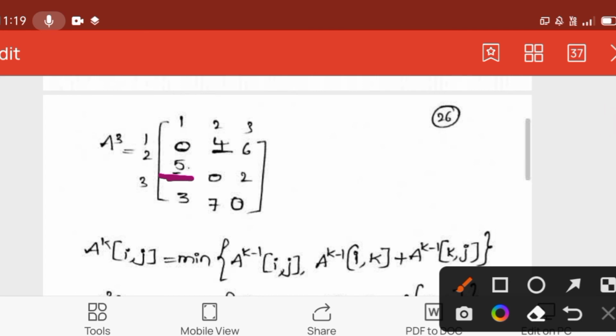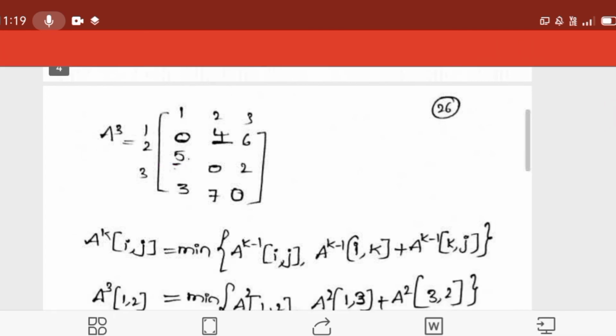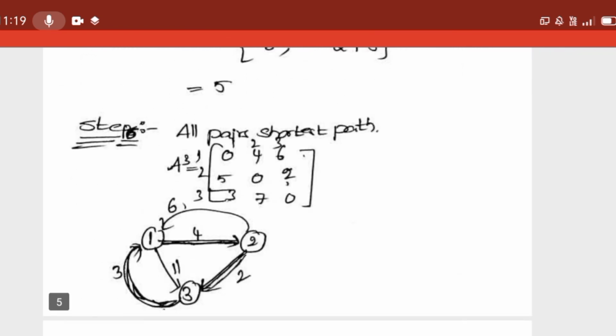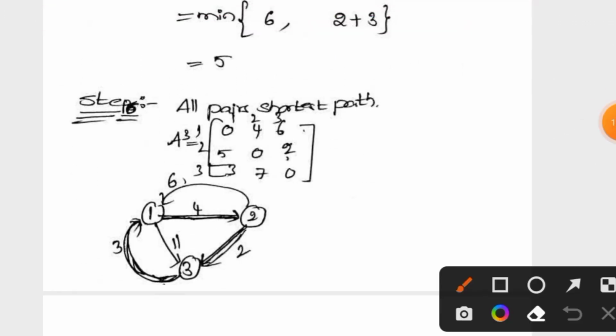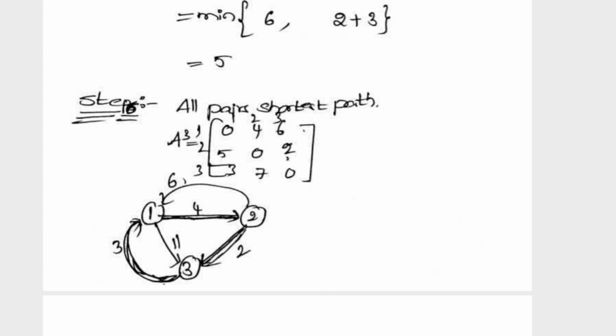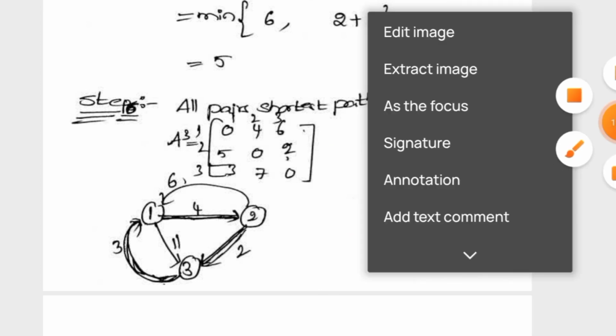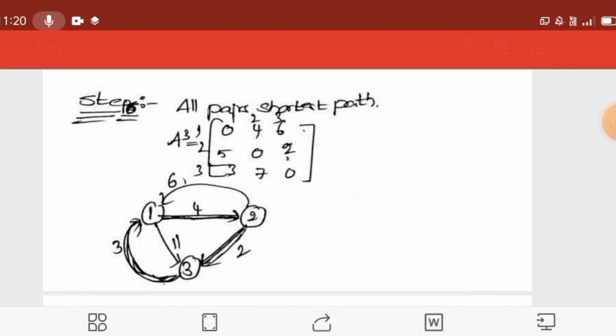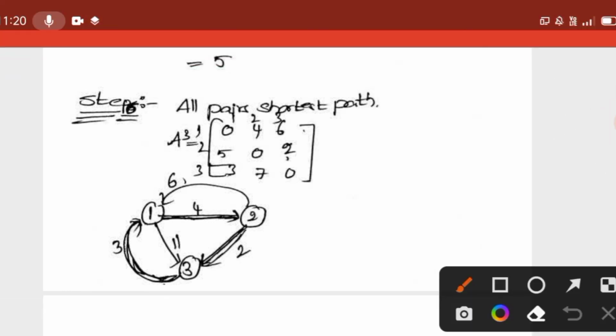After that, in the final step we write the A power 3 matrix, because here the k values are 1, 2, 3. So the final stage is the A power 3 matrix. From the A power 3 matrix we can calculate the minimum path.